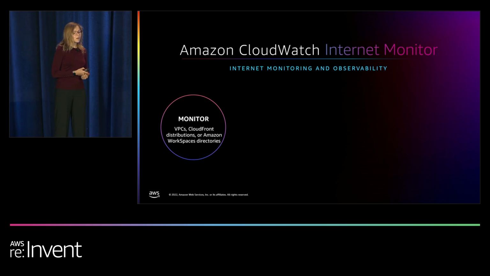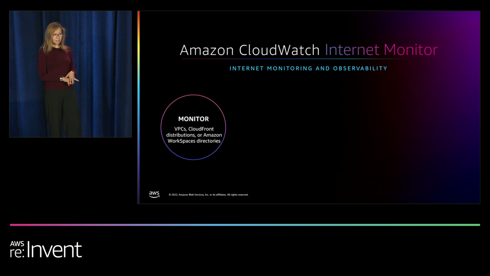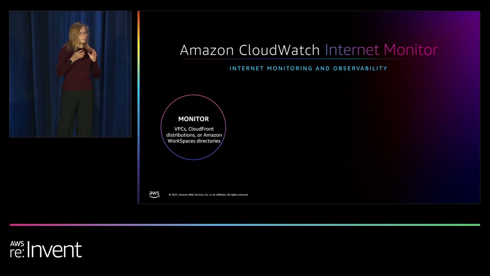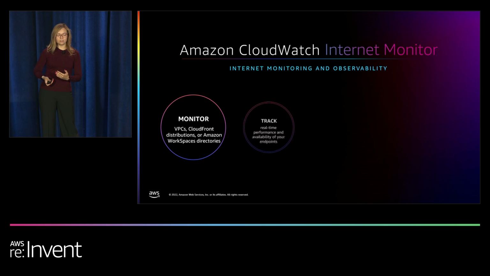So CloudWatch Internet Monitoring allows you to monitor resources in VPCs, CloudFront distributions, or Amazon Workspace directories. So when you define a monitor, you select the resources you want to monitor.